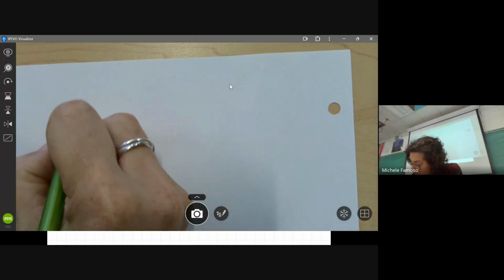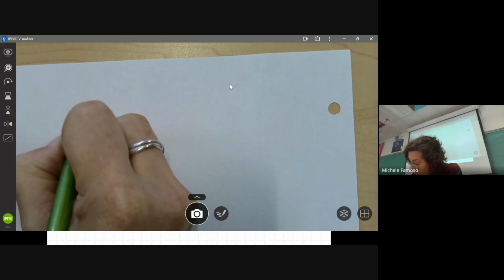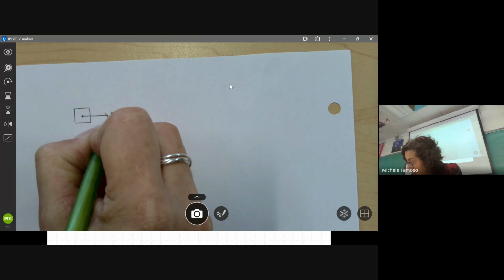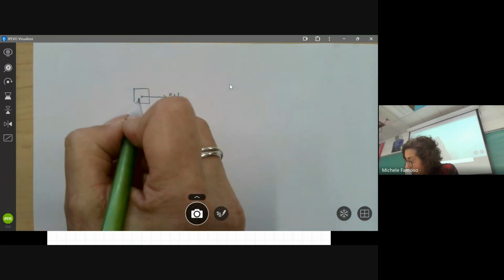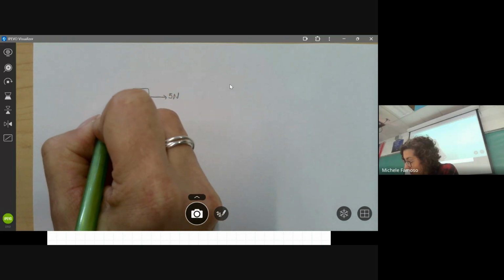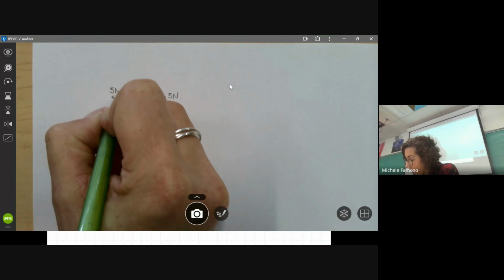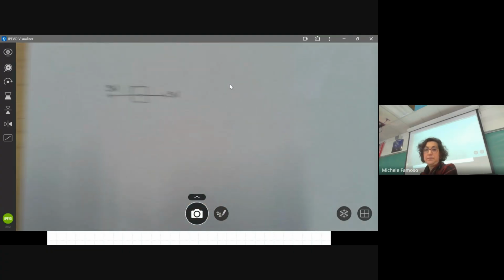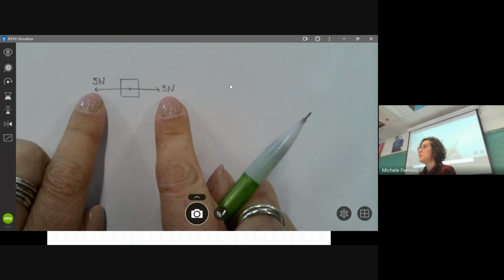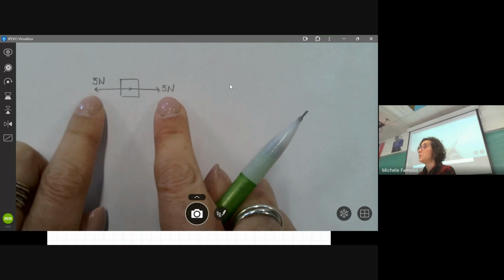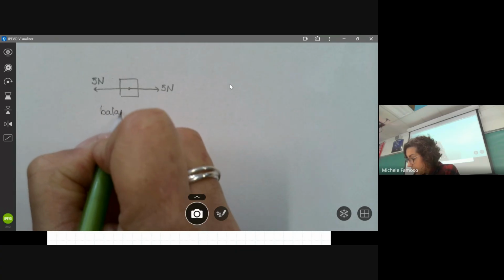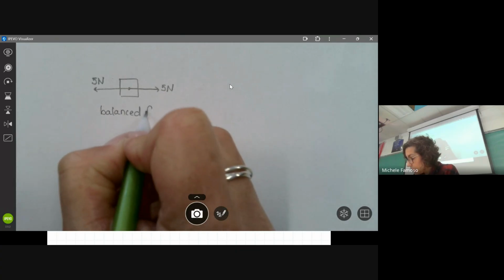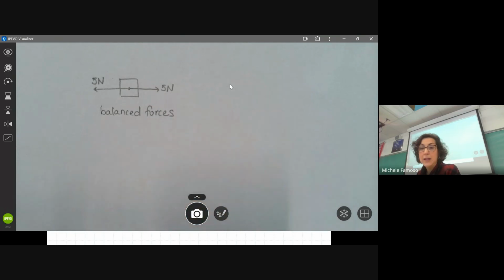Let's say I have an object here, which is being pulled with a force of 5 newtons to the right, but it is also being pulled with a force of 5 newtons to the left. When you look at those, you notice that those amounts are the same and they're in opposite directions. This is what we mean by a balanced force or balanced forces.